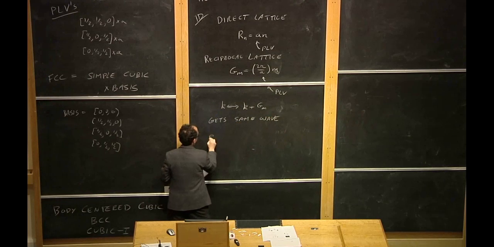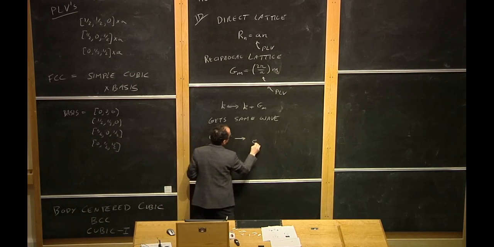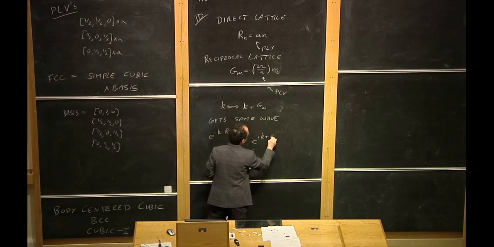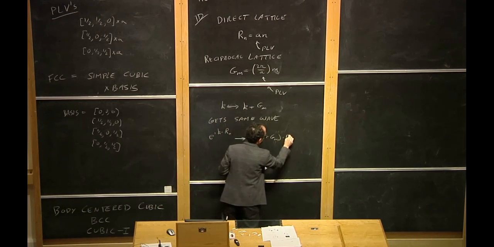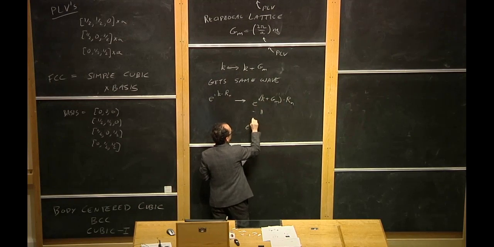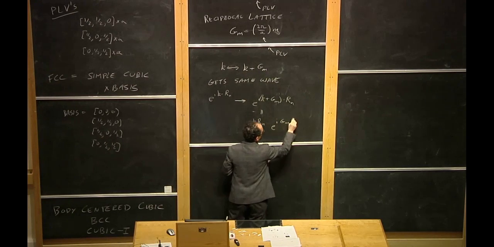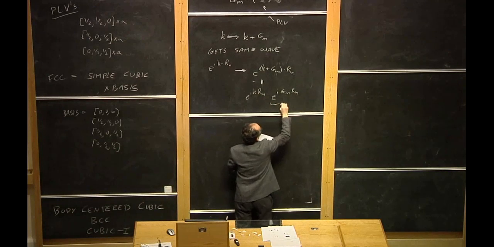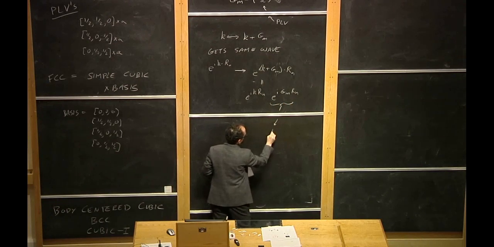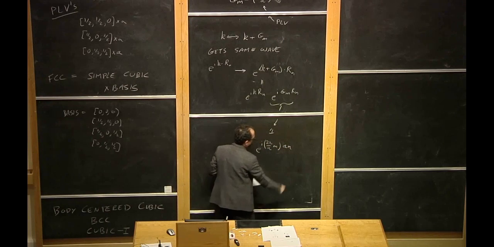Well, let's do it carefully. e^{ik·r}, k·r gets shifted to e^{i(k+G_m)·R_n}, and that equals e^{ik·R_n} e^{iG_m R_n}. And this factor here is just 1 because it is e^{i 2π/a m a n}. And that's just 1.